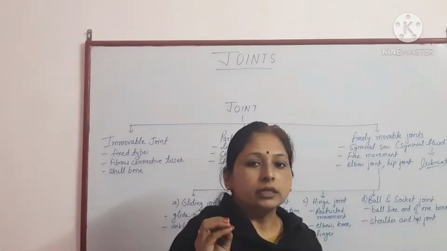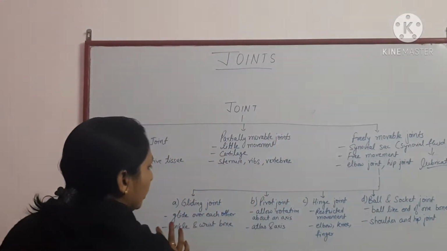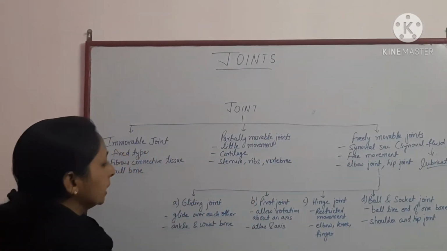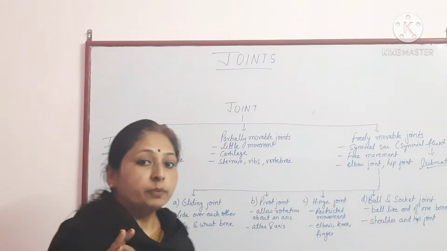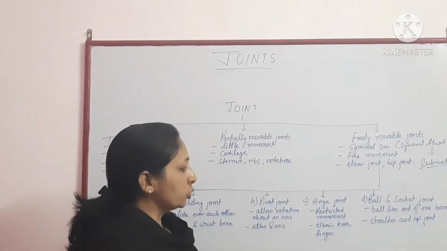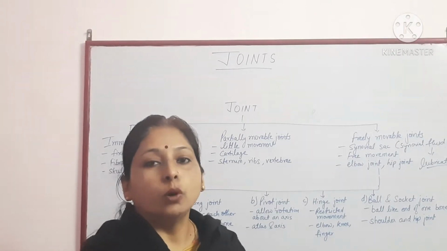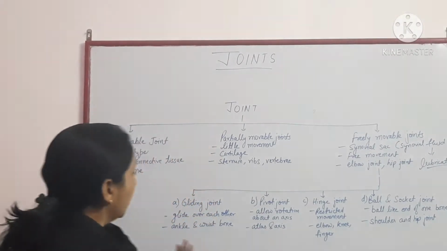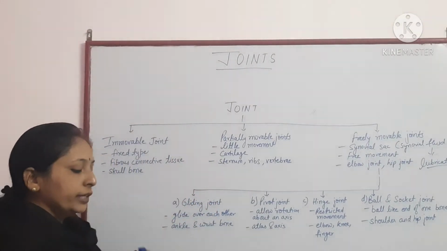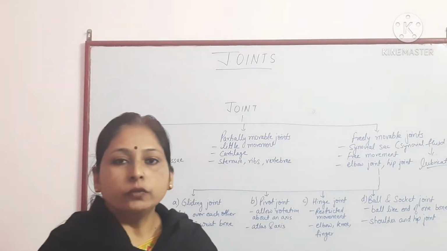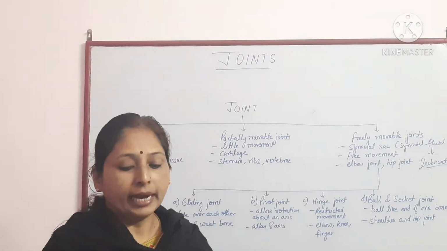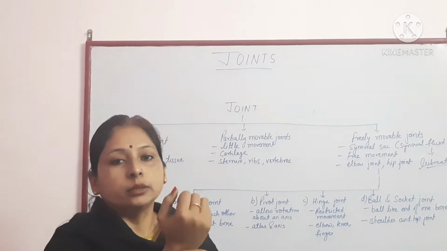Freely movable joints are again of four different types. First is the gliding joint, second is the pivot joint, third is the hinge joint, and fourth is the ball and socket joint. In the gliding joint, the bones glide over one another, and you can see this in the wrist bone.